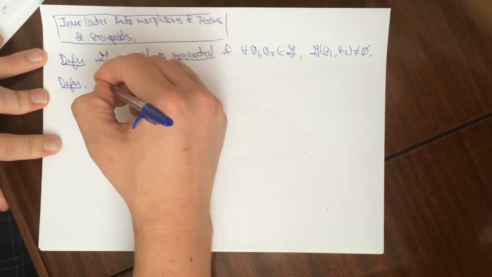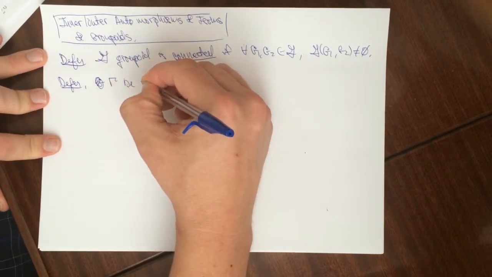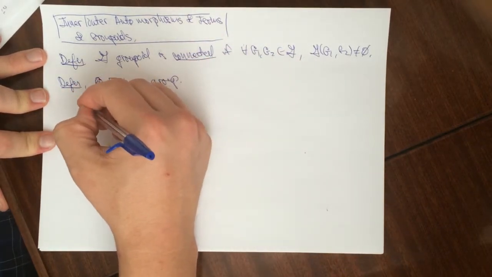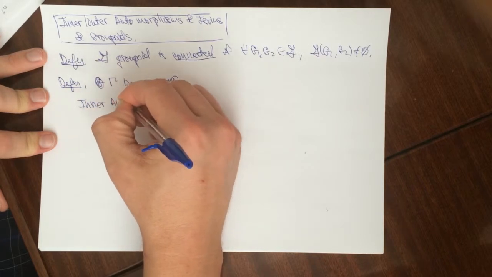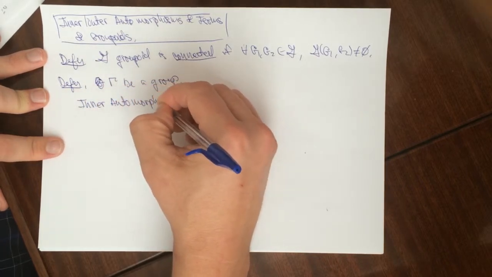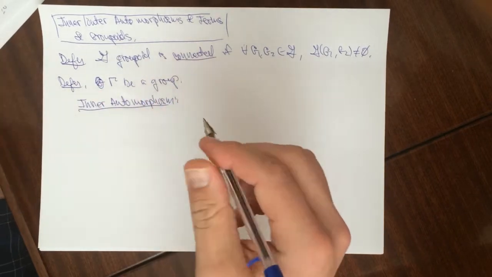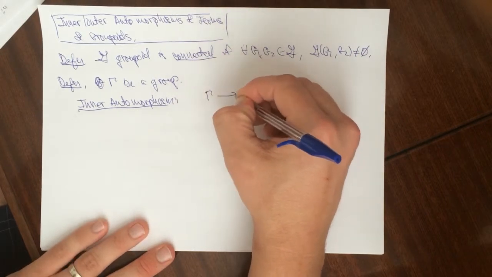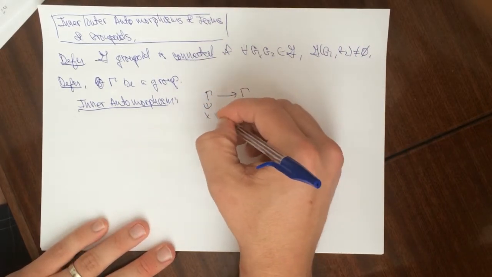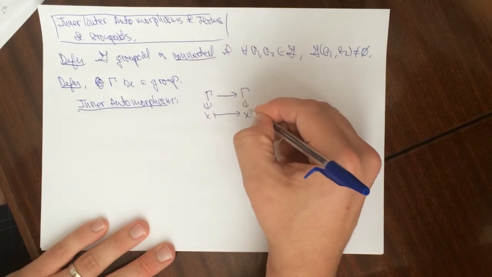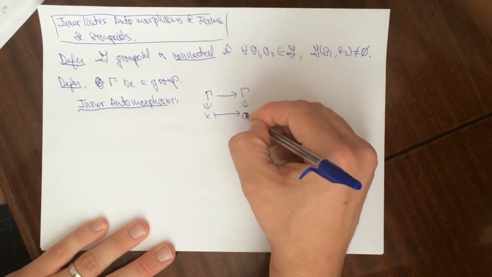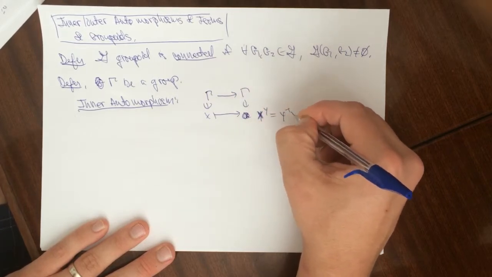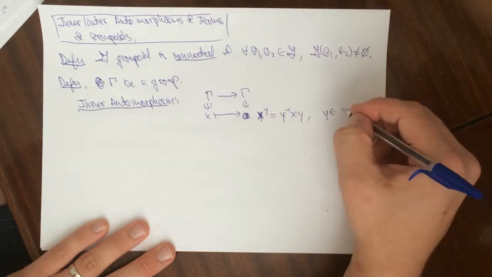Okay, so let's let gamma be a group. So recall that an inner automorphism is just a map, an automorphism, where we take X and we map it to, let's say, Y inverse XY, where Y is an element of gamma.